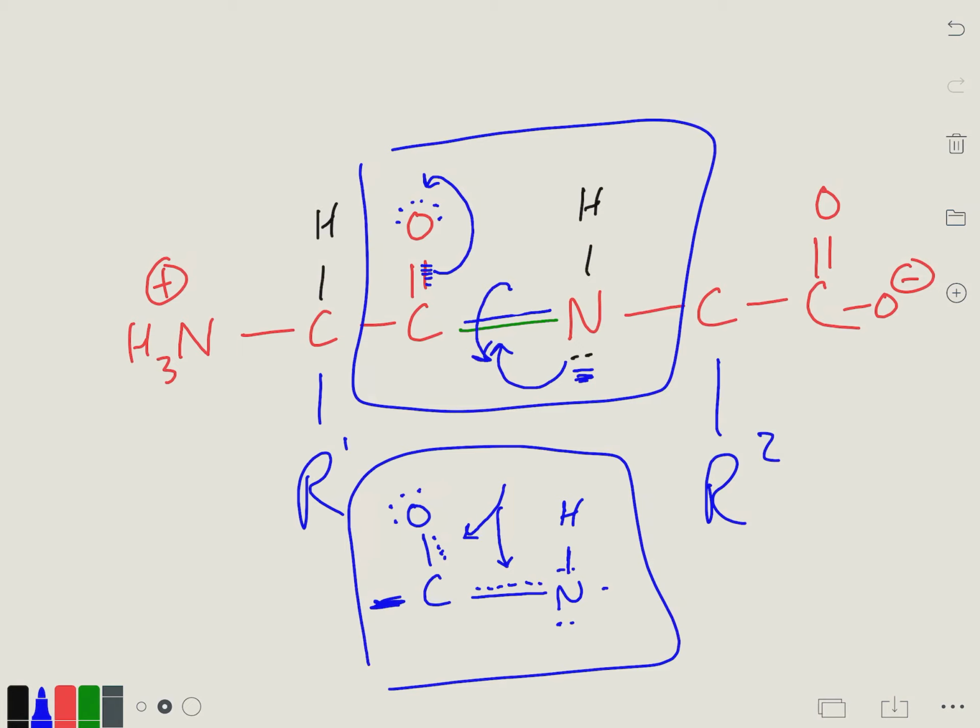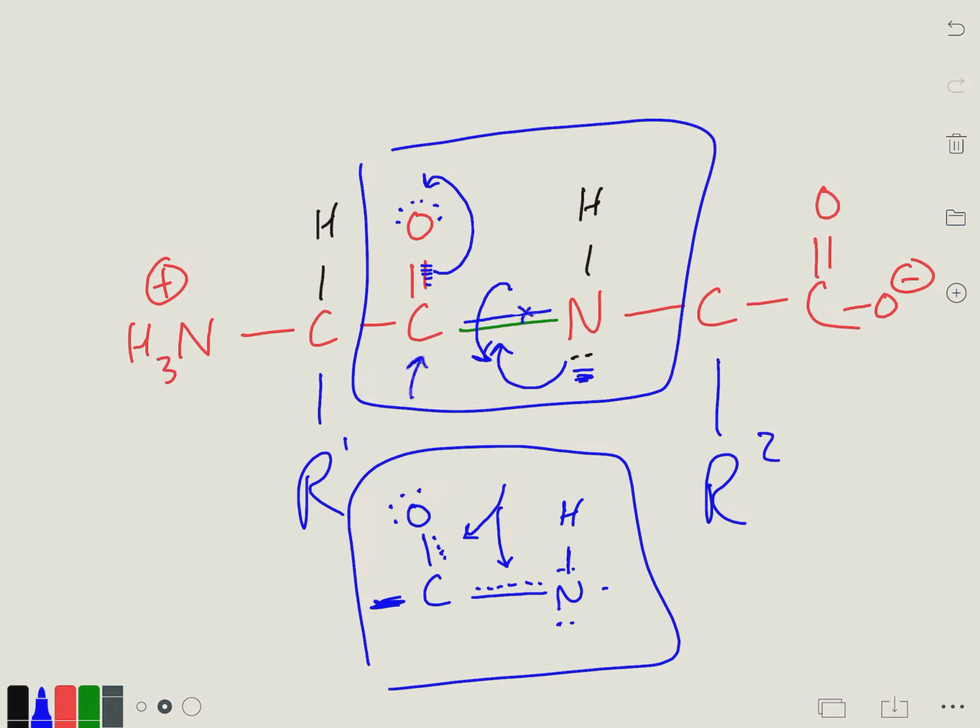Because this displays double bond-like character, it does have limited rotation. It can't rotate very much, maybe you can wiggle, but it's not going to be rotating. To rotate would have to break the bond and break the lining up of the p orbitals, and that's why it won't happen.